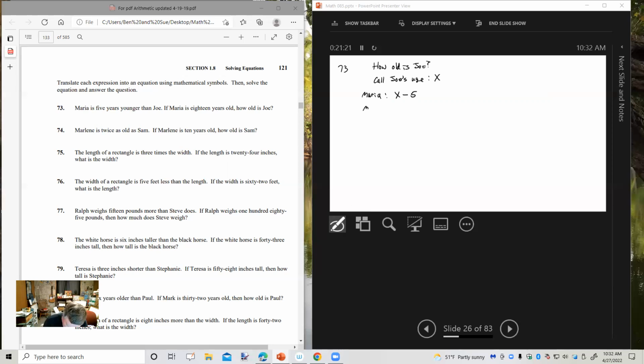But we also know that Maria is 18 years old. So if Maria is X minus 5 and Maria is 18, there is our equation. Any questions about how I came up with that?